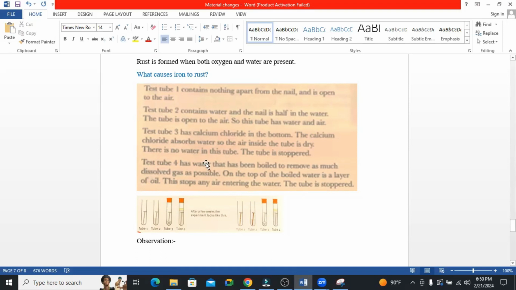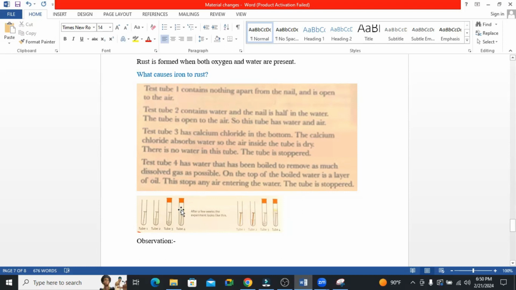Test tube 4 has water that has been boiled to remove as much dissolved gas as possible. On top of the boiled water is a layer of oil. You can see there's an oil layer and the boiled water. Boiled water does not contain oxygen gas or any other gas, and with the oil layer, other gases cannot enter this solution.